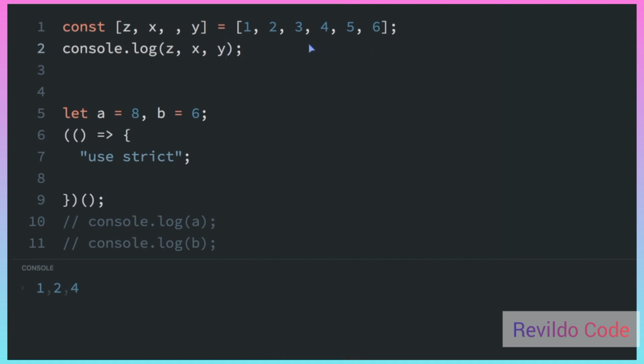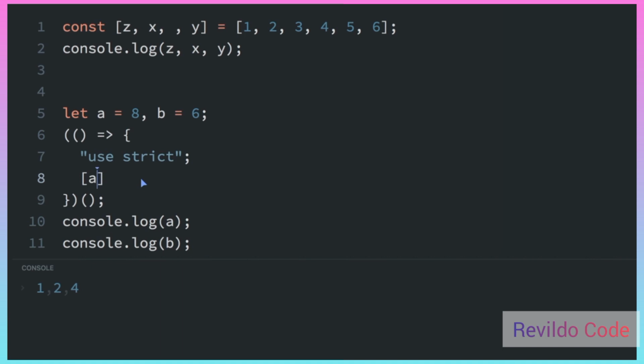Here's another thing you can do. You can use destructuring of arrays to switch the places of variables. Let me uncomment these. And what I'm going to do is use destructuring to switch the places of A and B. So it'll be like this.